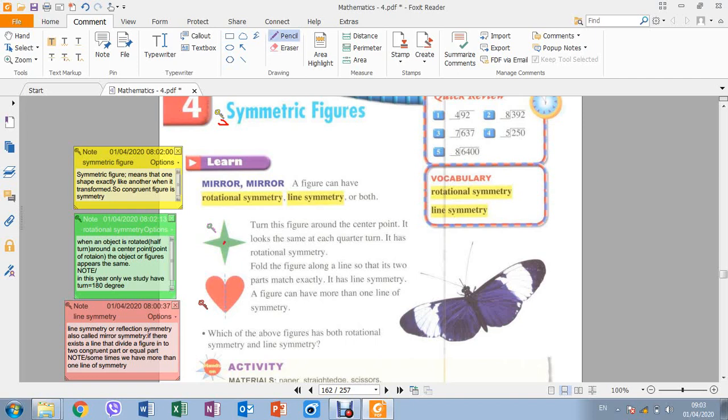I rotate from top to bottom, counterclockwise or clockwise, no problem. Or from left to right, right to left, top to bottom, bottom to top; that's called half turn.